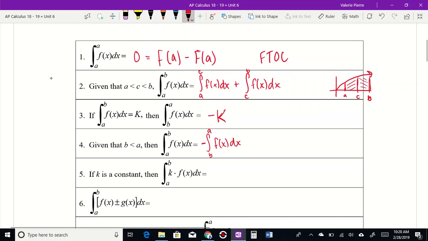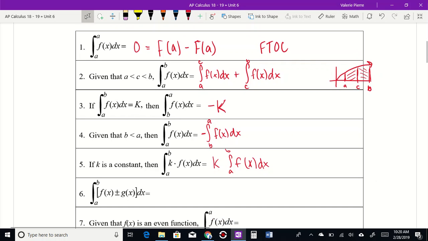If k is a constant, then the integral from a to b of k times f of x dx is equal to, you can bring that k right out, which we have been practicing, and we have k times the integral of f of x dx from a to b.